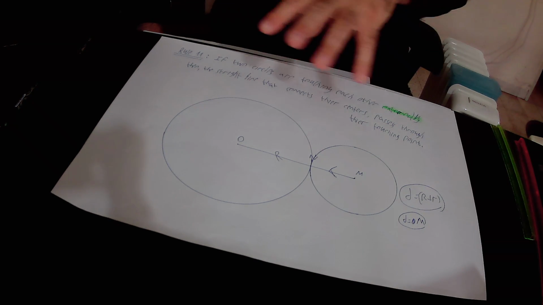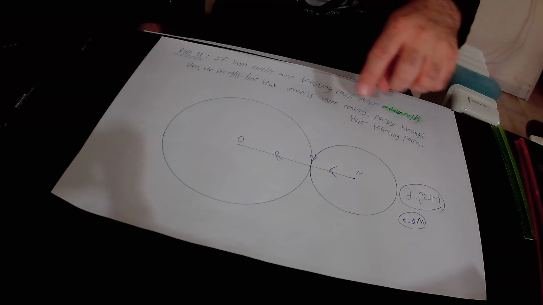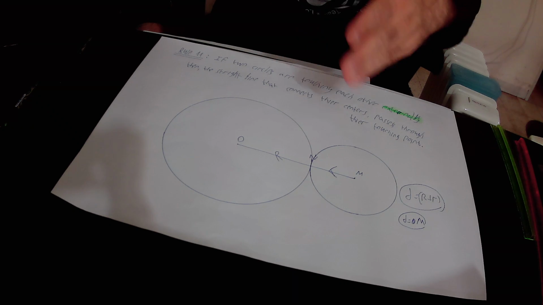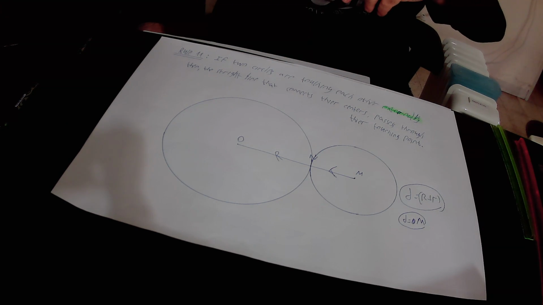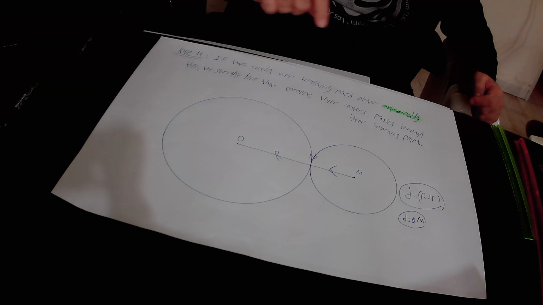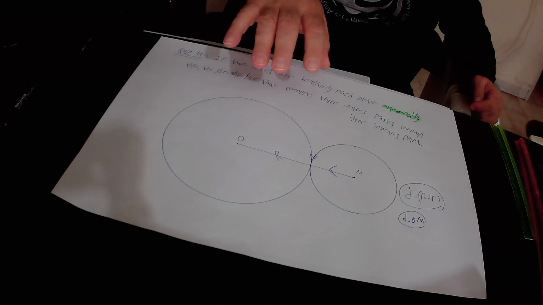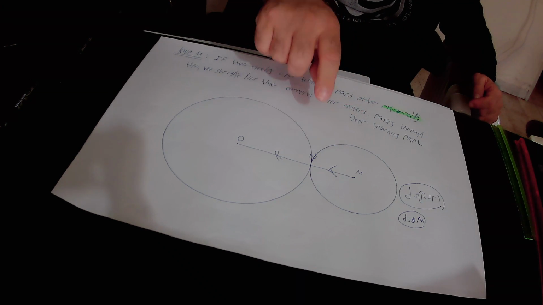Why are they touching each other externally? Because one circle is not inside the other circle, but they are touching each other externally. Therefore, they are touching each other externally at point N. So, in this drawing, we have two circles that have an external touch between them at point N.